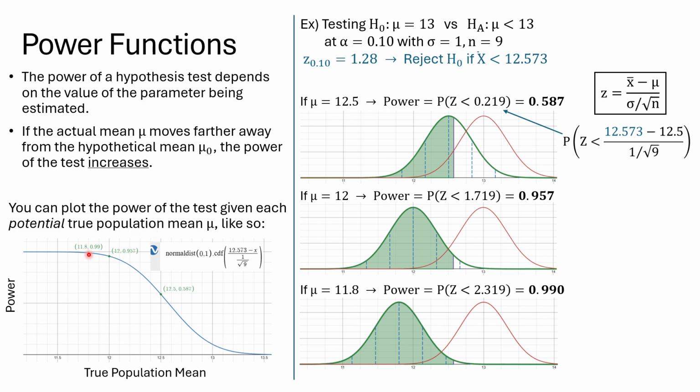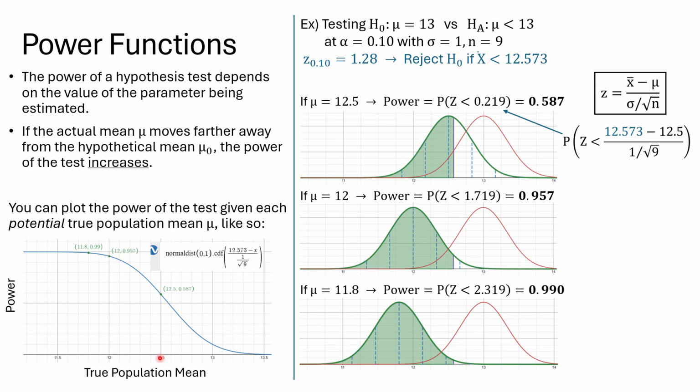You could see you're able to understand the power of the test given each potential true population mean mu. And you could see all these points are on there. If we have 11.8 as the true population mean, then doing this test, it's very likely that we would reject the null hypothesis that the mean is 13. 99% of the time we'd do that. And then if the true population mean were 12, we'd reject the null hypothesis that the mean is 13, 95.7% of the time.